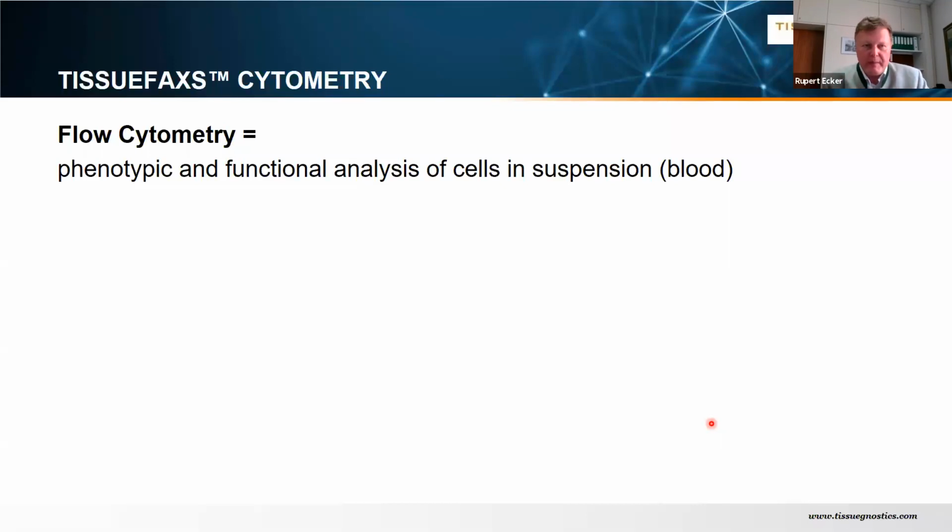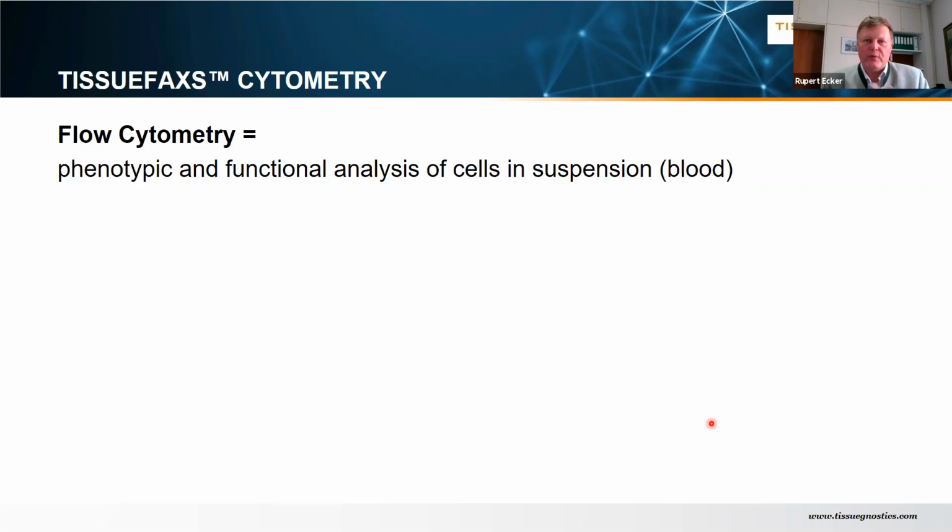The main advantage of flow cytometry is that it quantifies staining per cell, which permits a phenotypic and functional analysis. With one major limitation: the cells have to be in suspension.